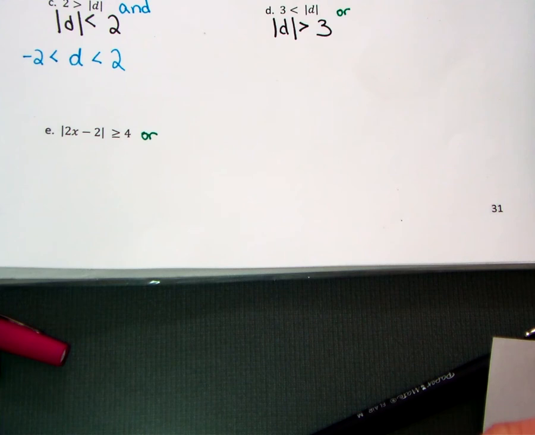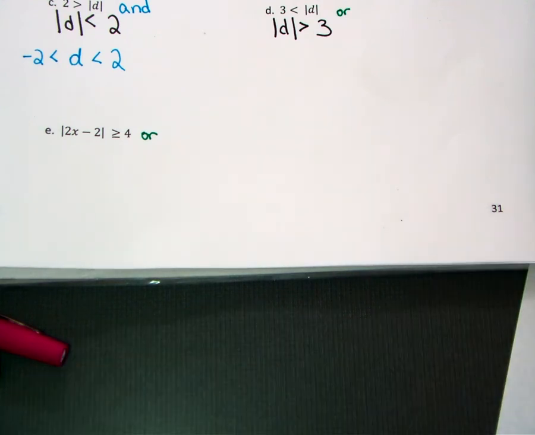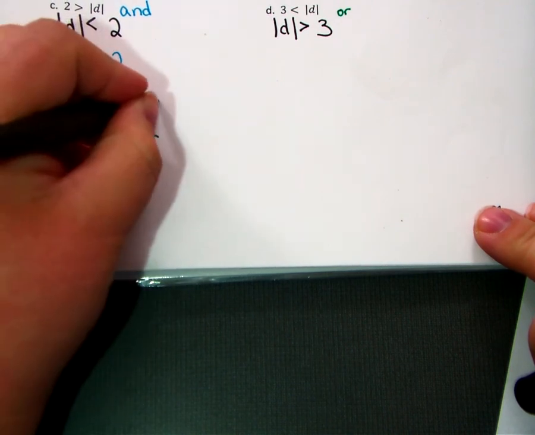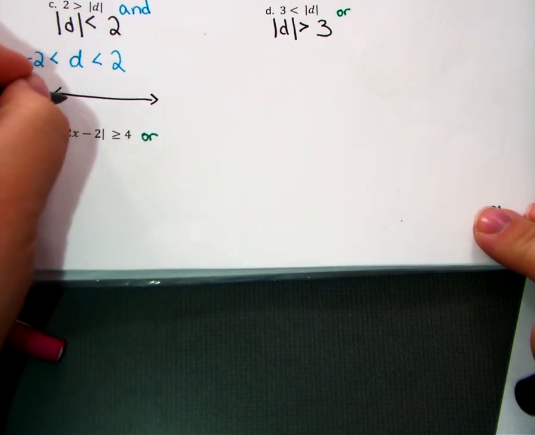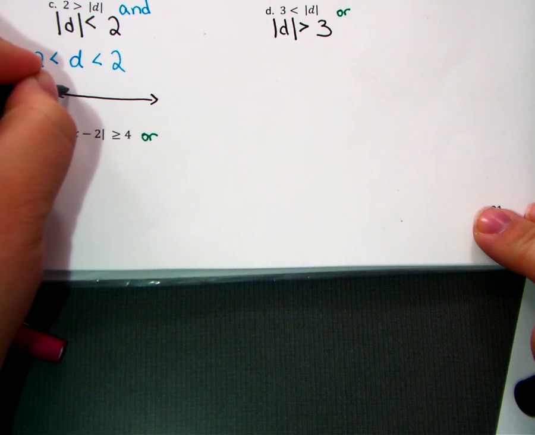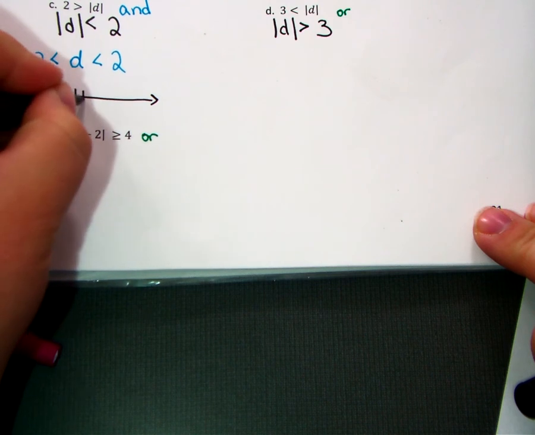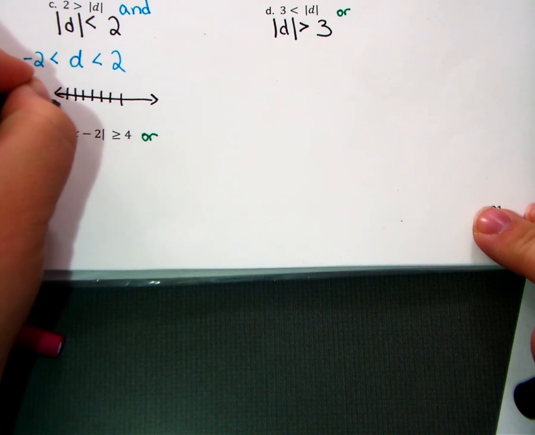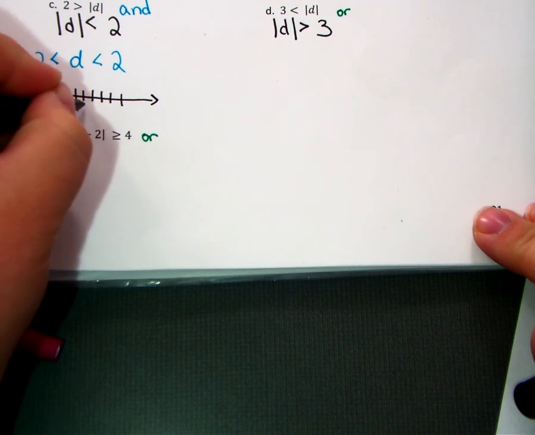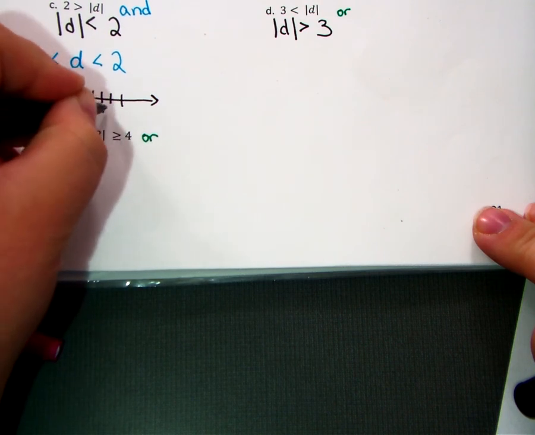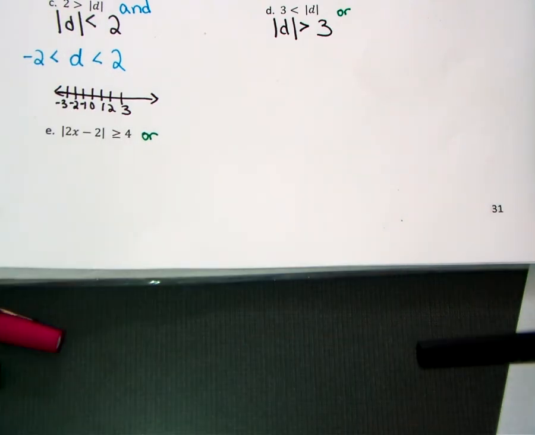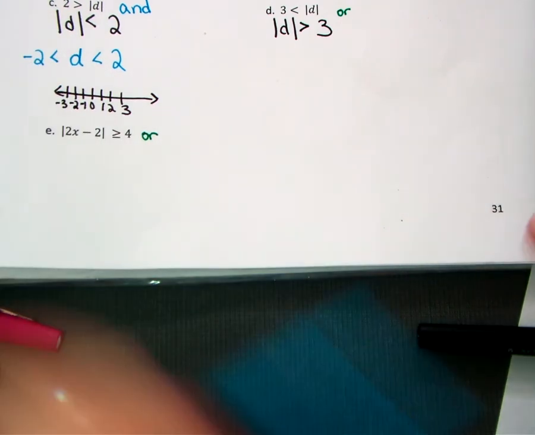This one didn't have any sort of solving, so we're just going to go straight to graphing it. My number line needs to go all the way from -3 all the way up to +3. Both numbers are going to have an open dot on them.